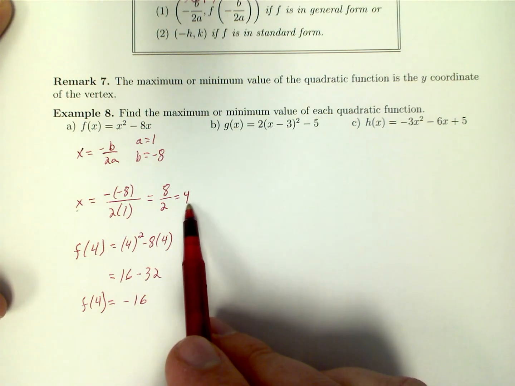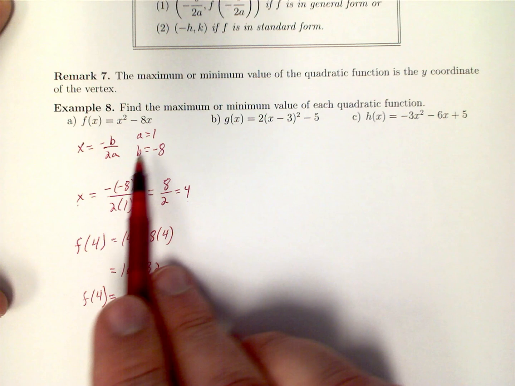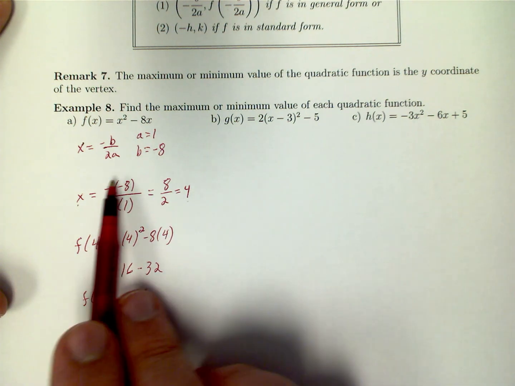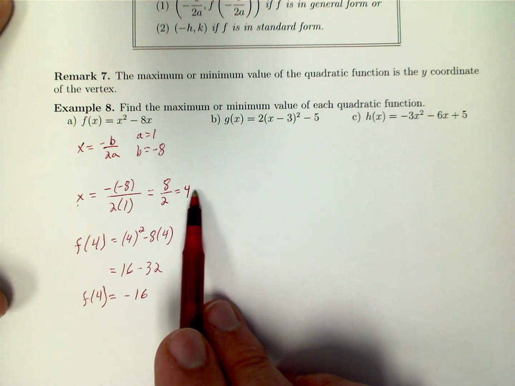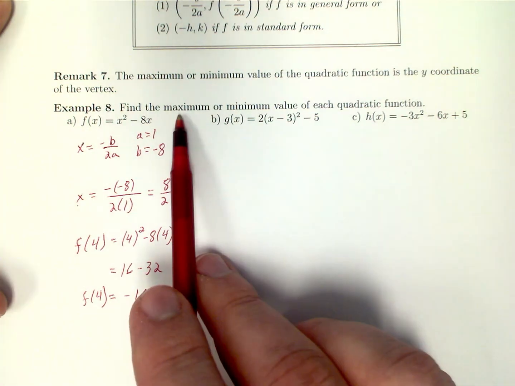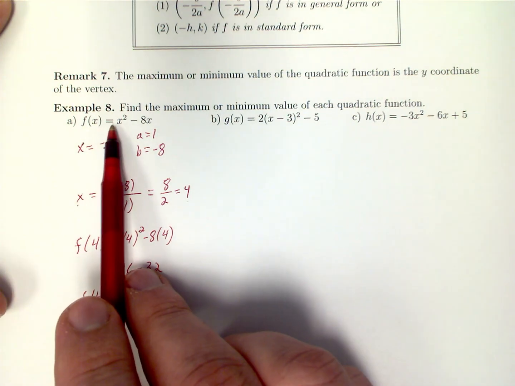We found out what the x-coordinate of our vertex is. So what is the maximum or minimum value? This is the x-coordinate of our vertex, this is the y-coordinate, so the vertex would be 4, negative 16. All we have to do now is determine if it's a maximum or minimum value, and we determine that from the a value in front of x squared.